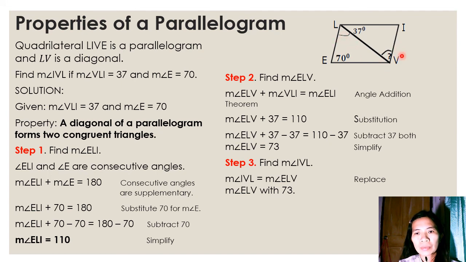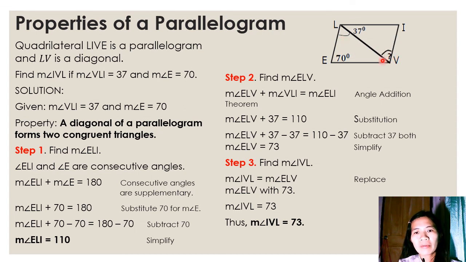Because measure of angle ELV is 73, the measure of angle IVL is also 73. These two angles are congruent.